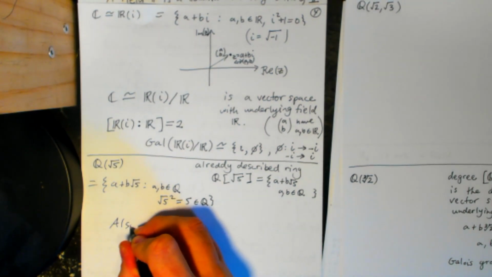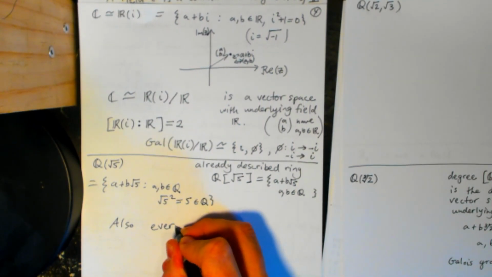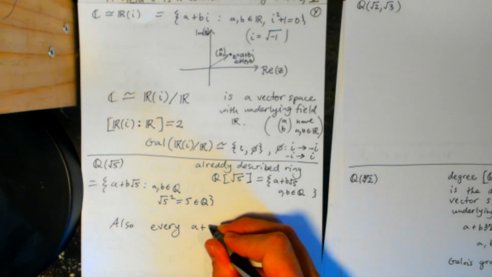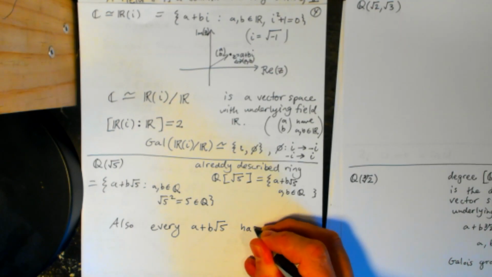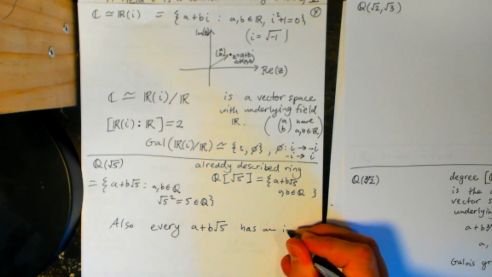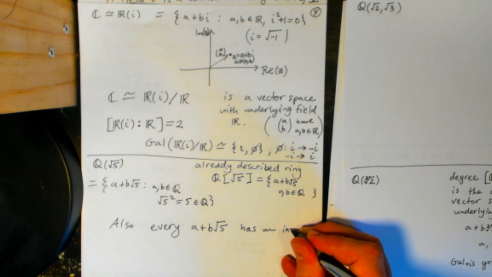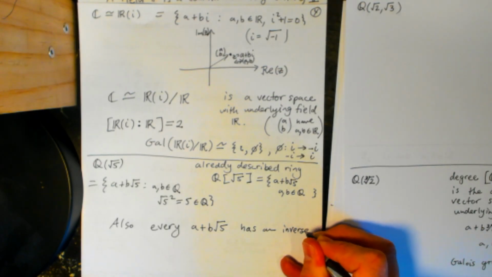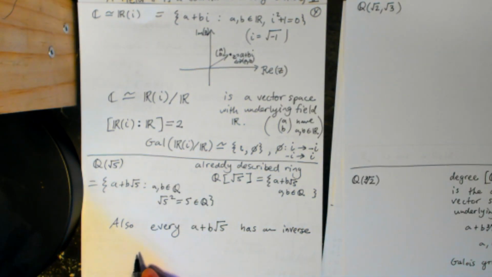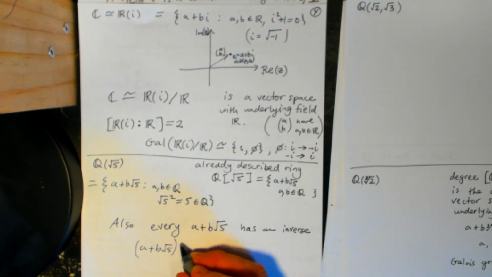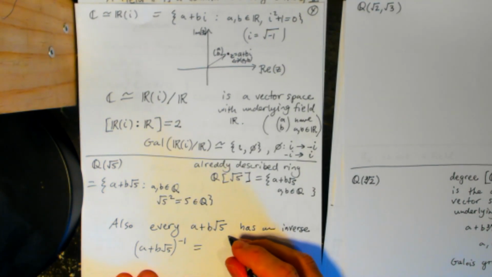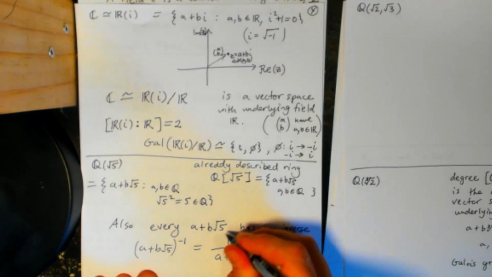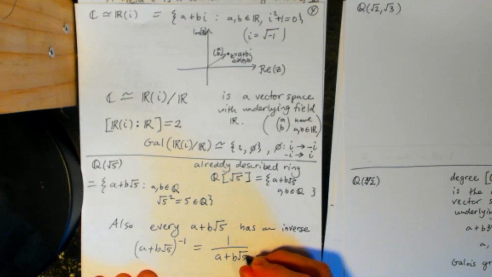So we'll say also every a plus b root 5 has an inverse, and by inverse I mean multiplicative inverse. So that inverse would be a plus b root 5 to the power of minus 1, and this is truly a power here because this is 1 over a plus b root 5.